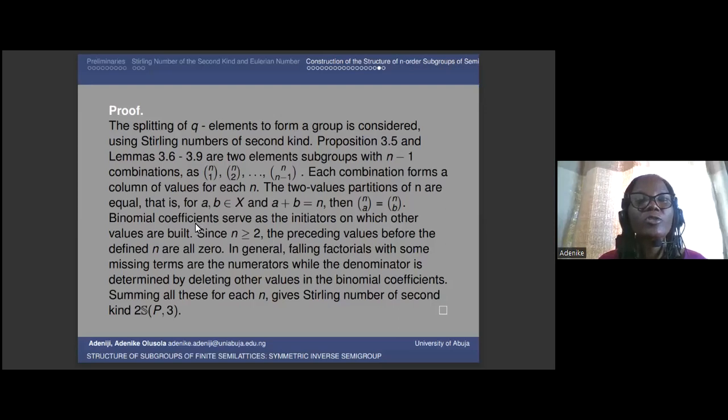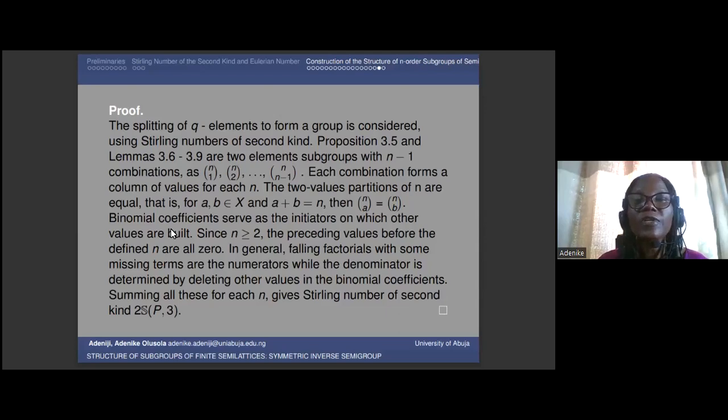And then we also made use of the binomial coefficients, and it serves as the initiators on which other values are built. We made use of the fact that n is greater than or equal to 2, so the values for n equals 0 and 1 are 0, and that is why we didn't include that in our derivation of the formula.